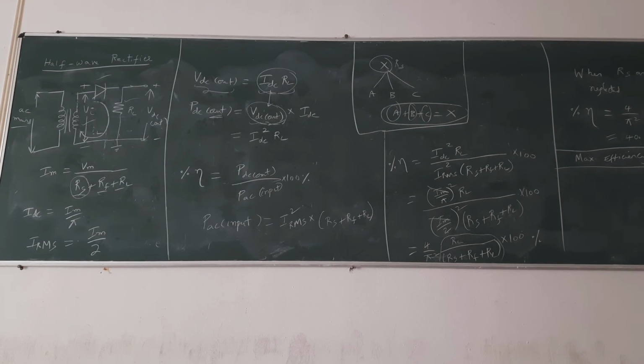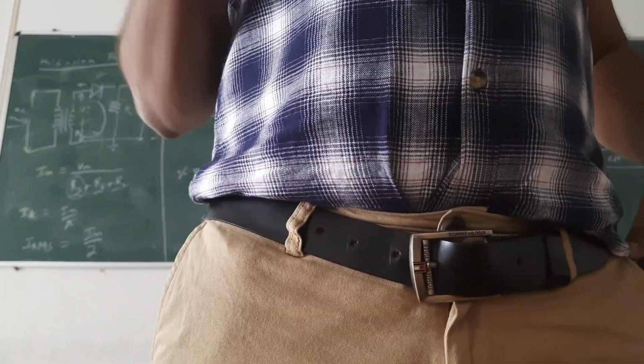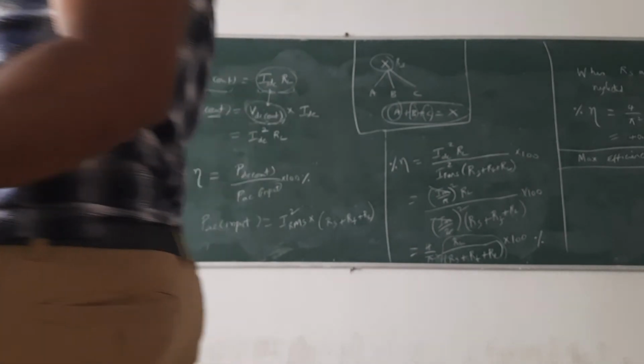Okay, solve easy. 5 minutes time is there. This 5 minutes is for you to try. Next class we will solve. Now you have to try. If you complete now, you are ahead.